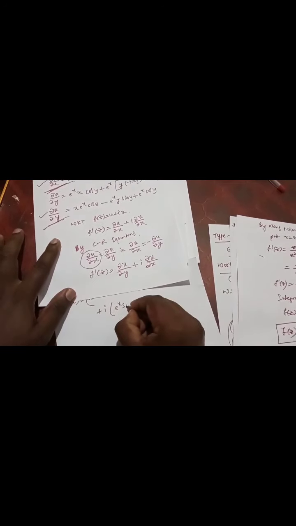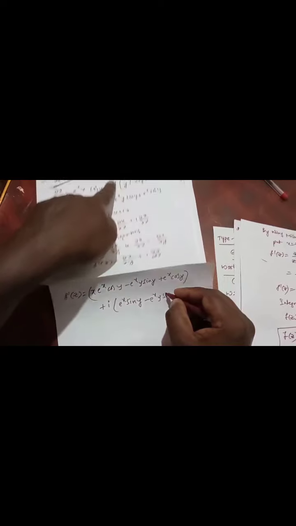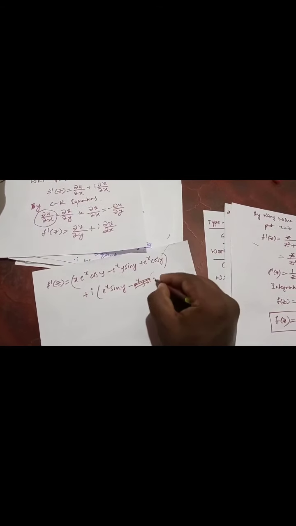Dou v by dou x is e power x sin y plus x e power x sin y.